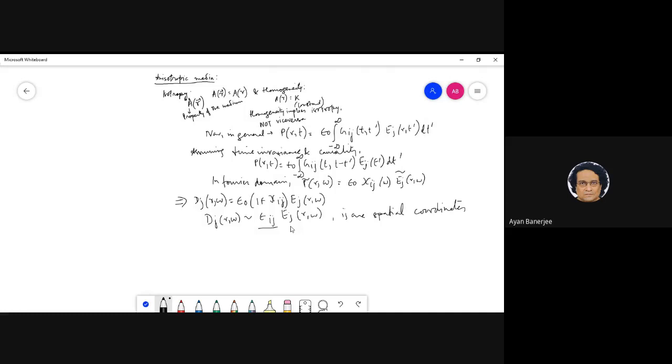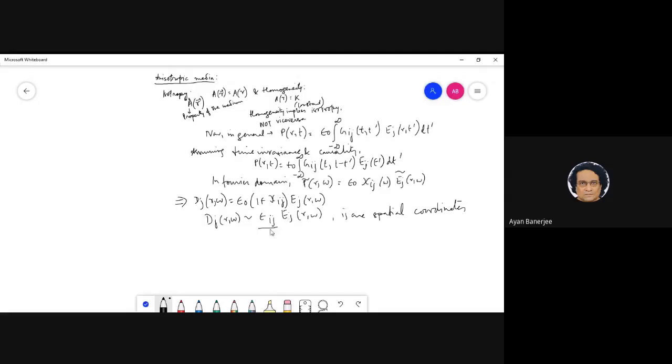Very quickly, essentially we are summing over this, so it is going to be a matrix. Typically epsilon_ij is 3 by 3, and E_j corresponds to different coordinates. This is a tensor which is essentially a 3 by 3 matrix for any material, and this is essentially a column vector.